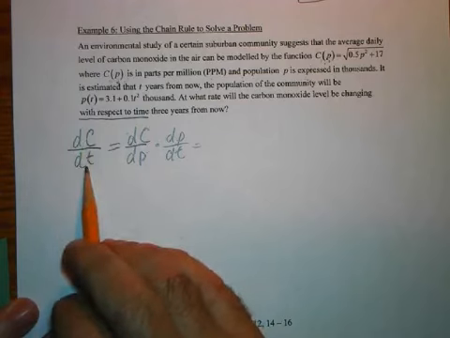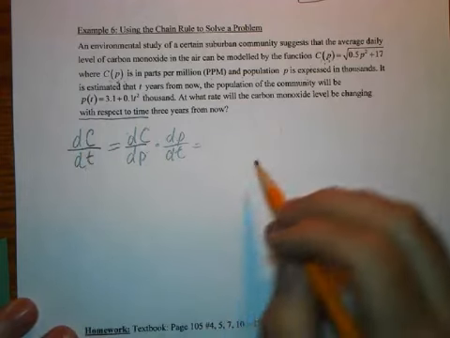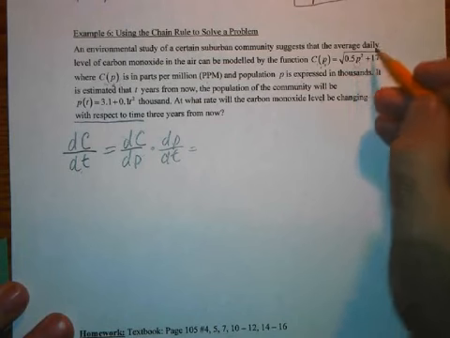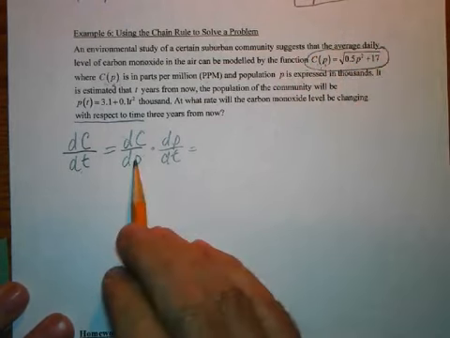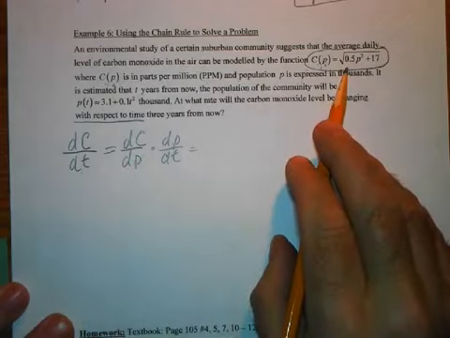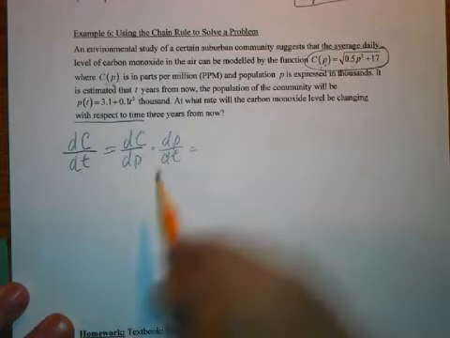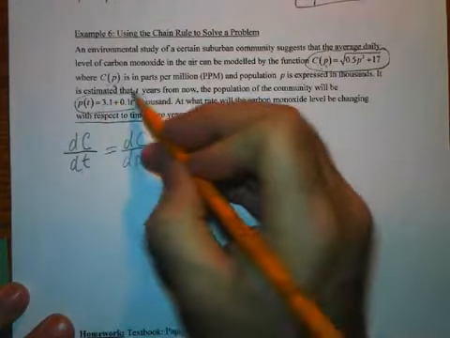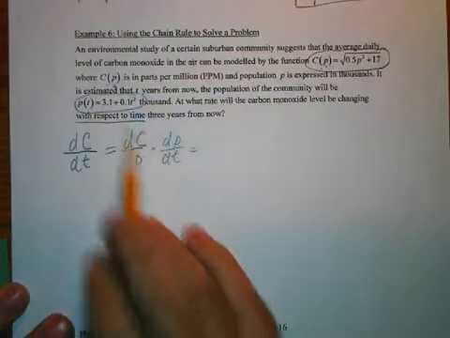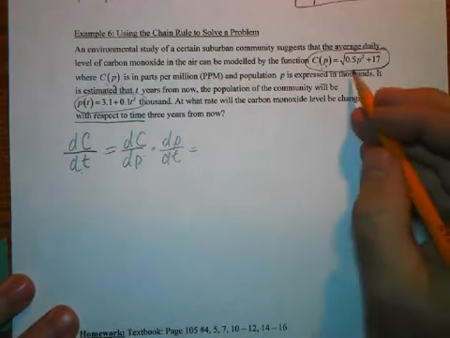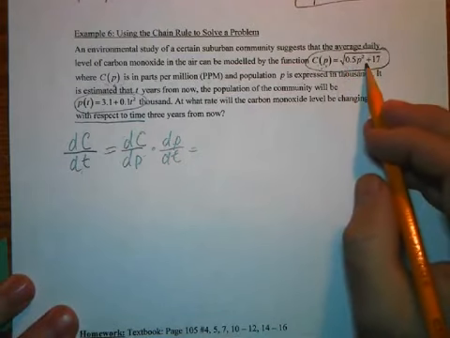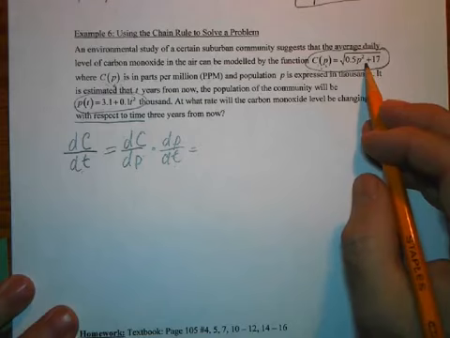So we can now go back and look at these two equations. This first part is the derivative of this function with respect to p, and the second part is the derivative of this function with respect to t. So if we look at that as a function, again we're going to have to use our chain rule for this one.